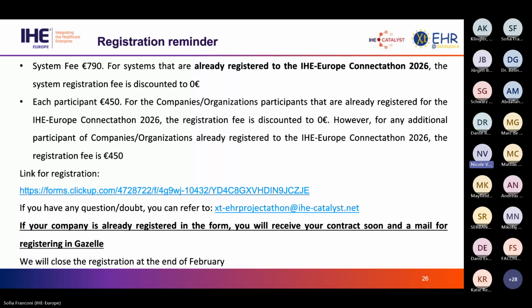For companies or organization participants that are already registered for the IHE-Europe Connectathon 2026, of course, the registration fee is 0. However, for any additional participant of a company or organization registered in the IHE-Europe Connectathon 2026, the registration fee is still 450. In this slide, you can find the registration link.